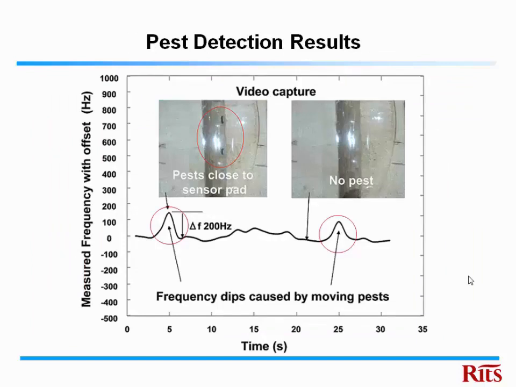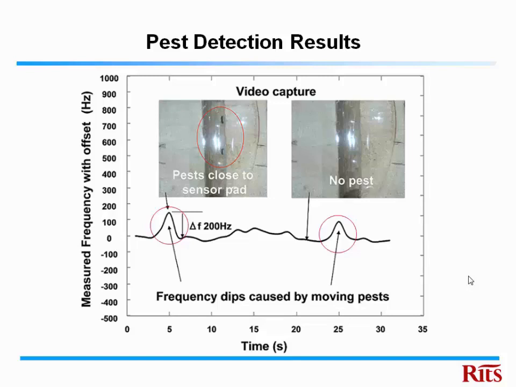So this is one of the results. The horizontal axis is time passing with 5 seconds per digit, and the vertical axis is the frequency shift value in hertz. Because this is a subtract system, when the 98 MHz goes down because of the pest, the IF frequency goes up.